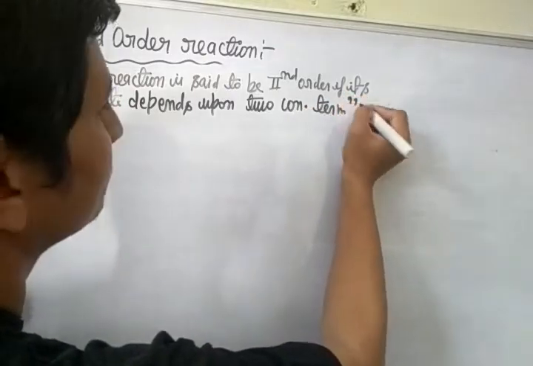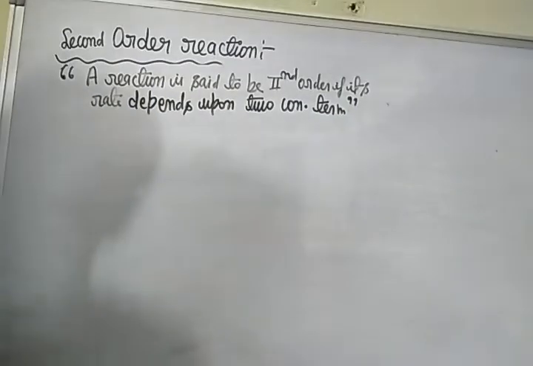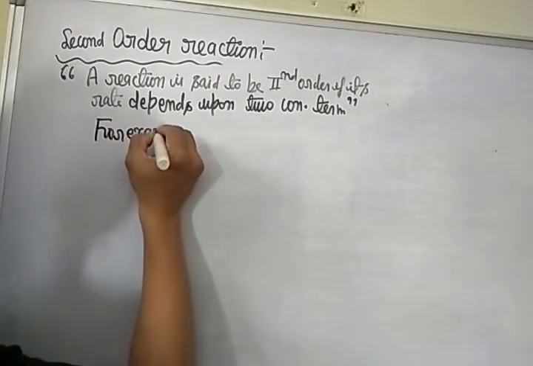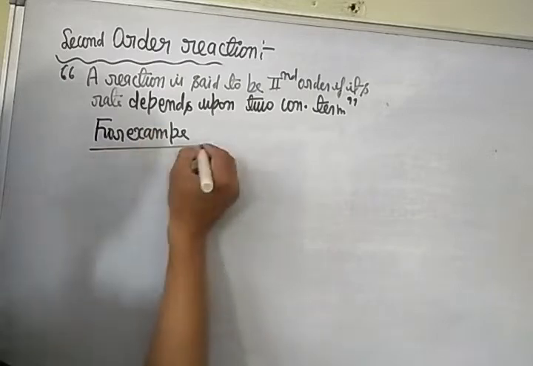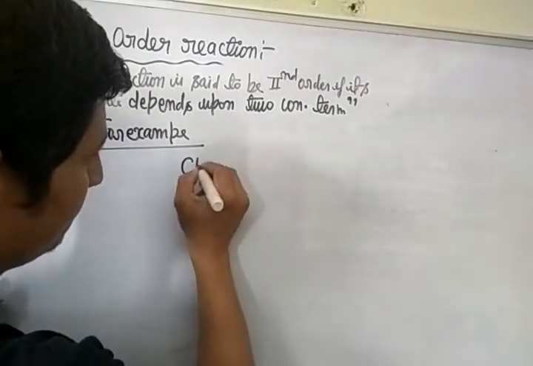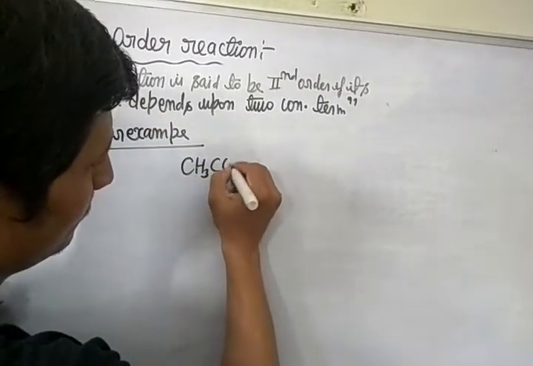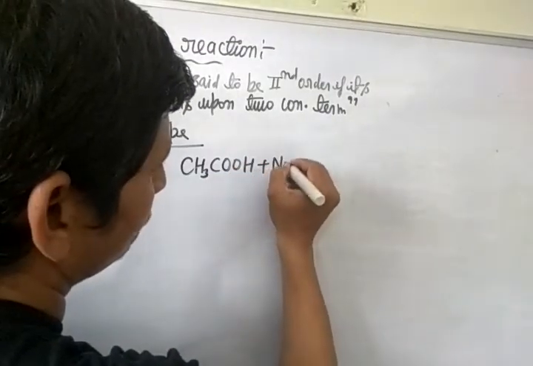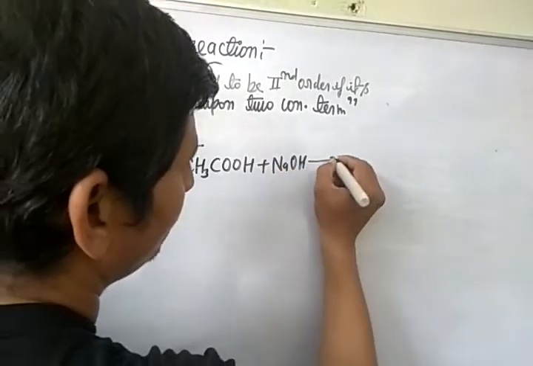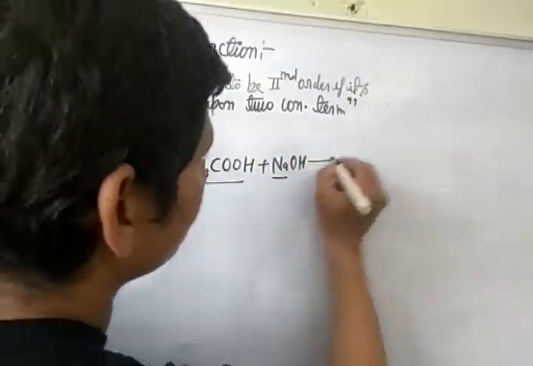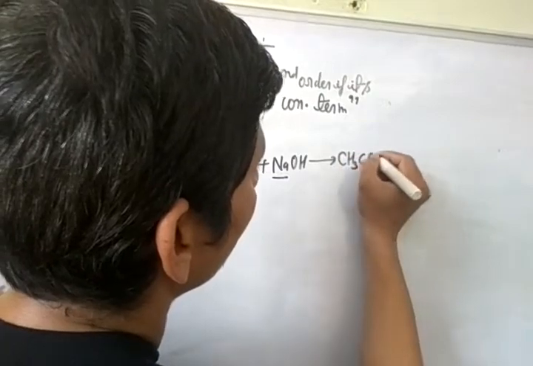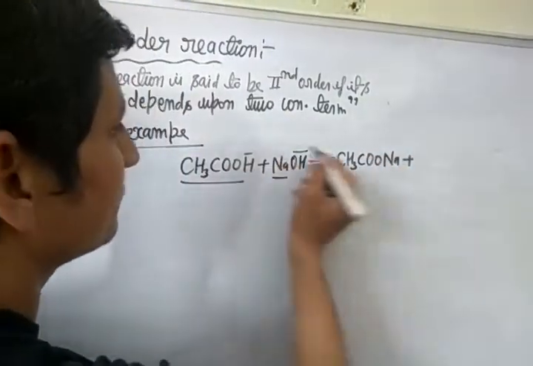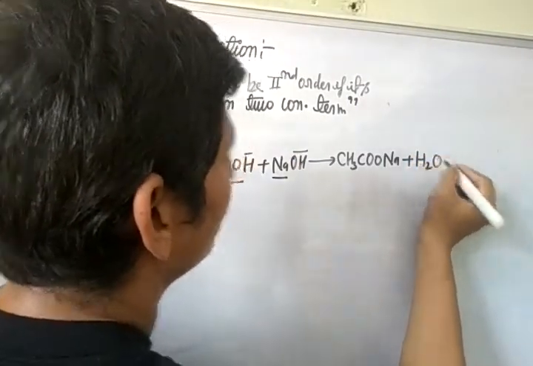Okay students, for second order reaction, for example, the rate depends upon two concentration terms. Reaction between acetic acid and sodium hydroxide, we get CH3COONa, and OH and H combine to form water.